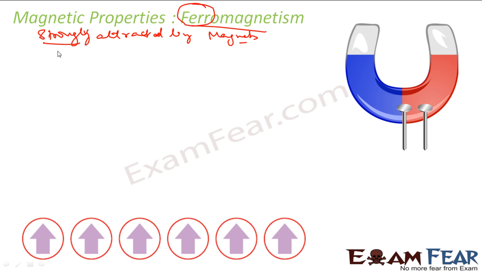And the good part is they can be permanently magnetized. Now if you look at the lattice of these ferromagnetic substances, you will see that they are grouped together into small regions called domains.